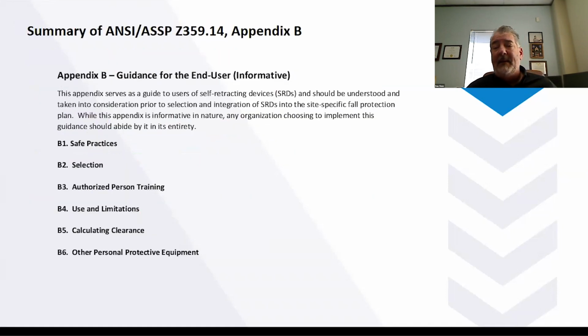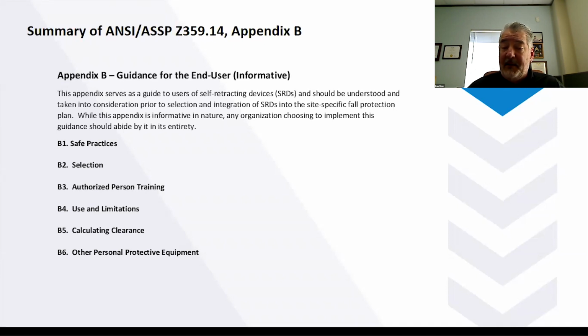So if we take a look at this slide here, I have basically extracted the main sections of Appendix B, which is the end user guide in Z359.14. The introduction states that this appendix serves as a guide to users of self-retracting devices and should be understood and taken into consideration prior to selection and integration of self-retracting devices into the site-specific fall protection plan.